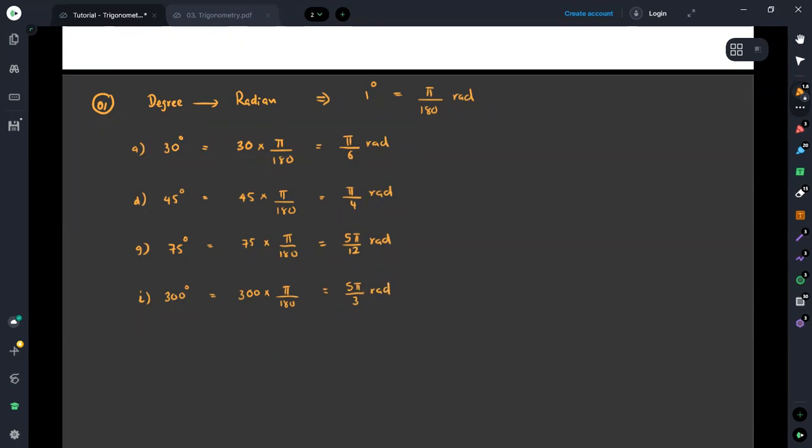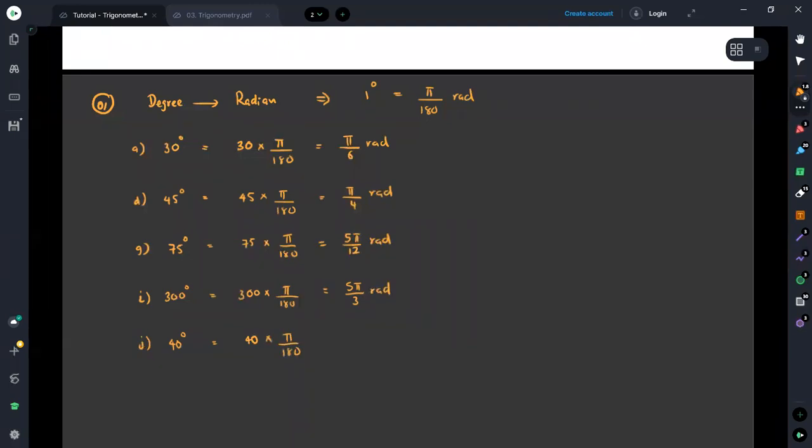And the last part that I am going to discuss for the first question is part J. Here it is given as 40 degrees. 1 degree is equivalent to π over 180 radians. Therefore, 40 degrees equals 40 multiplied by π over 180.